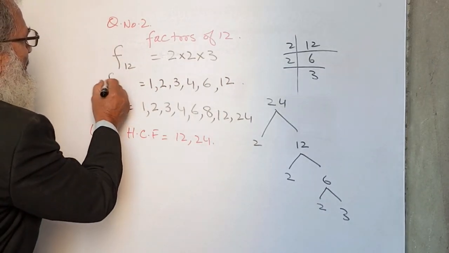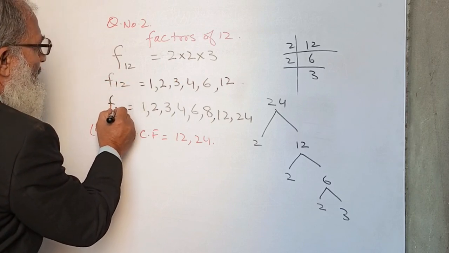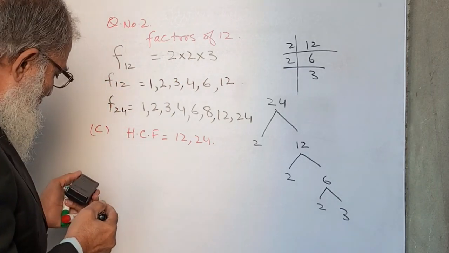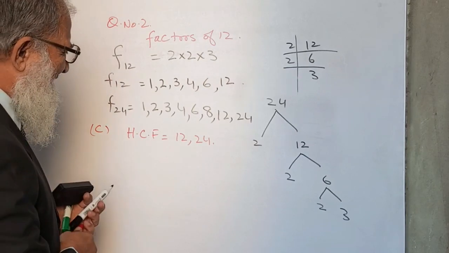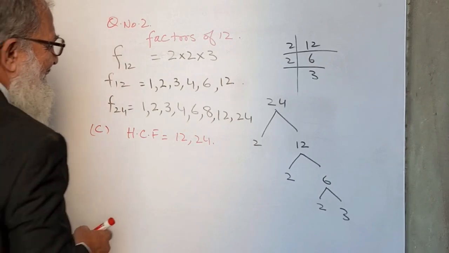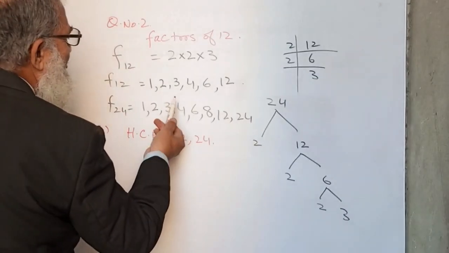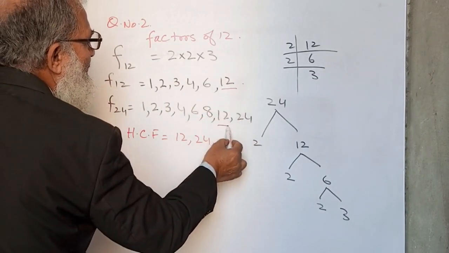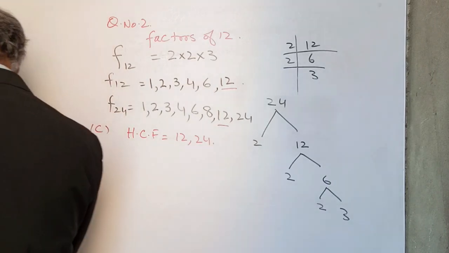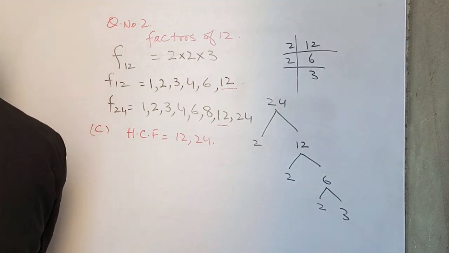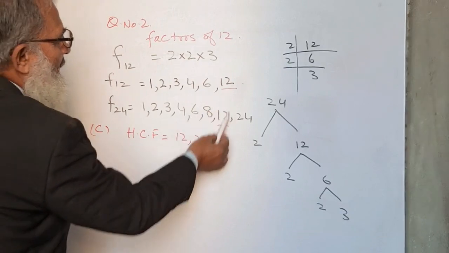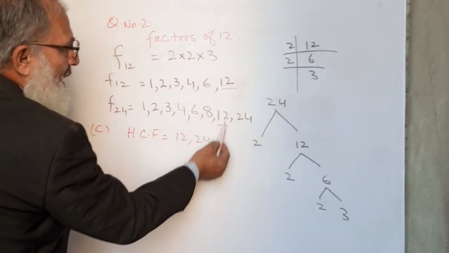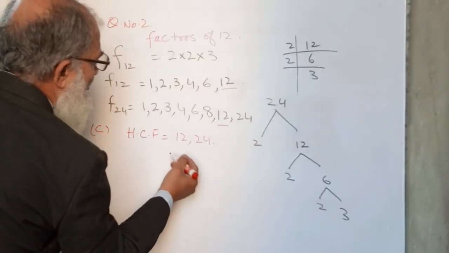This was for factors of 12 and this is for factors of 24. So the highest common factor between the two is 12. You see that there is only one factor which is the highest and common between the two, and that is 12.